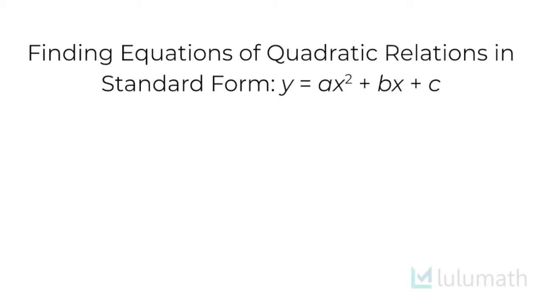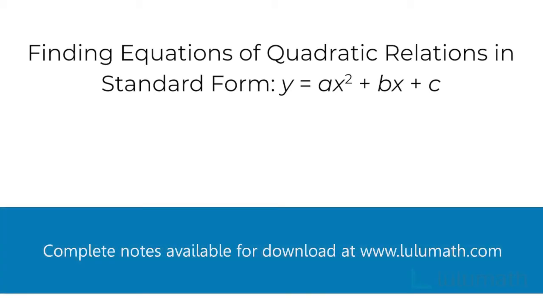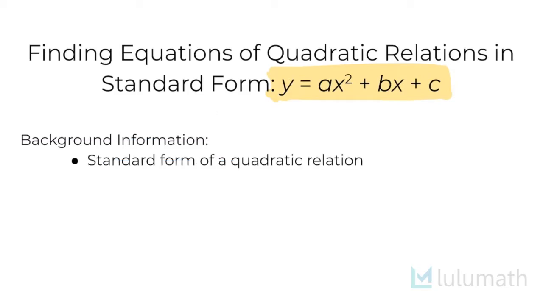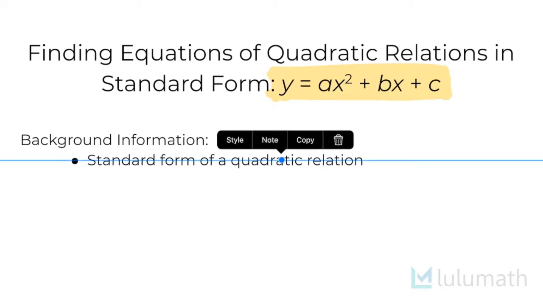This video is on finding equations of quadratic relations in standard form, and standard form is y equals ax squared plus bx plus c. Before we can actually find these equations, we need to know how to find the equation of a quadratic using vertex form.